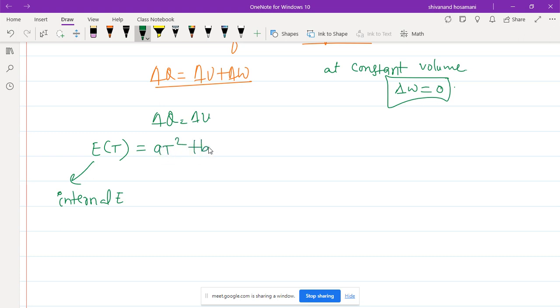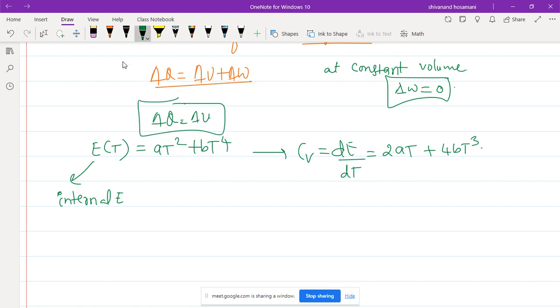Then from here we can write CV is equal to d by dT of U at constant volume. Instead of U we have internal energy E, therefore I can rewrite this as 2 A T plus 4 B T cube, which is CV. We already have a relation, delta Q is equal to delta U, so delta Q, which I write as T dS, is equal to CV dT.